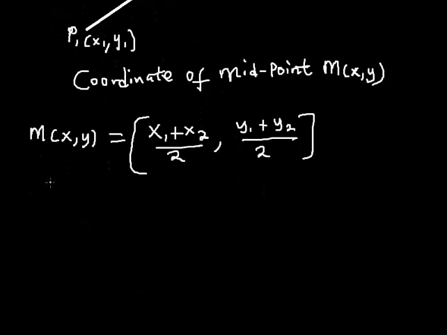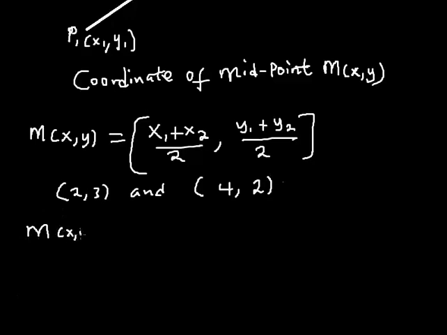So for example, let's say you have 2 points. Okay, let's say (2, 3) and another point (4, 2). All right, so you're asked to find the coordinate of the midpoint of these 2 points. Okay, so here goes what you do. x1 is 2 plus x2, which of course is 4.